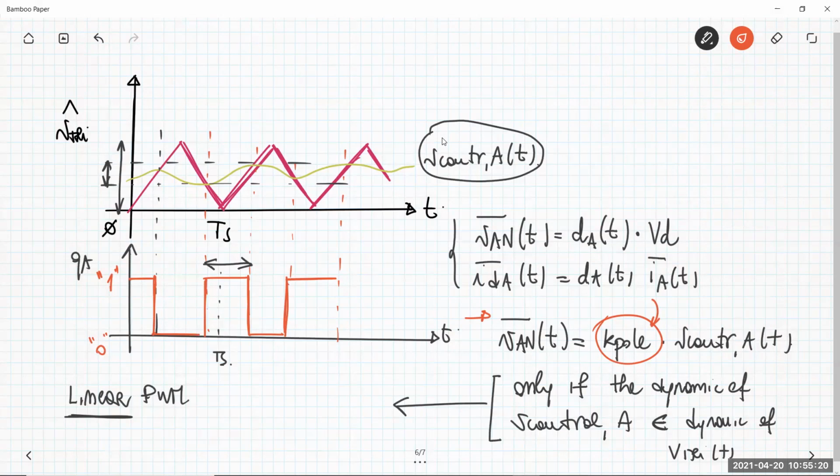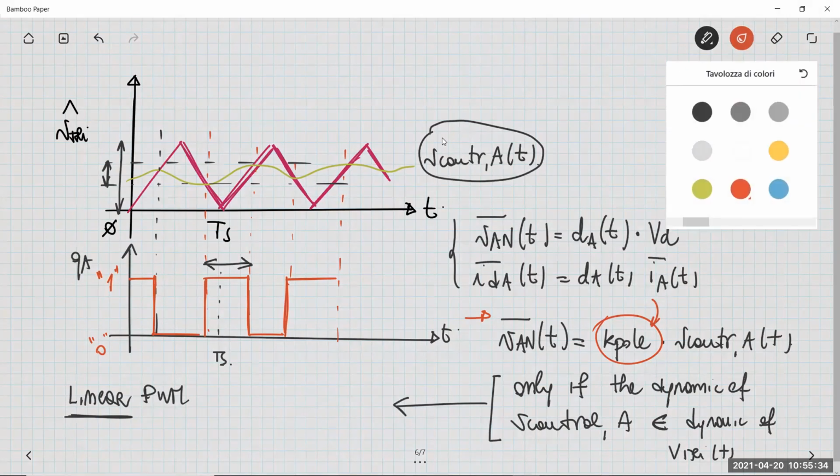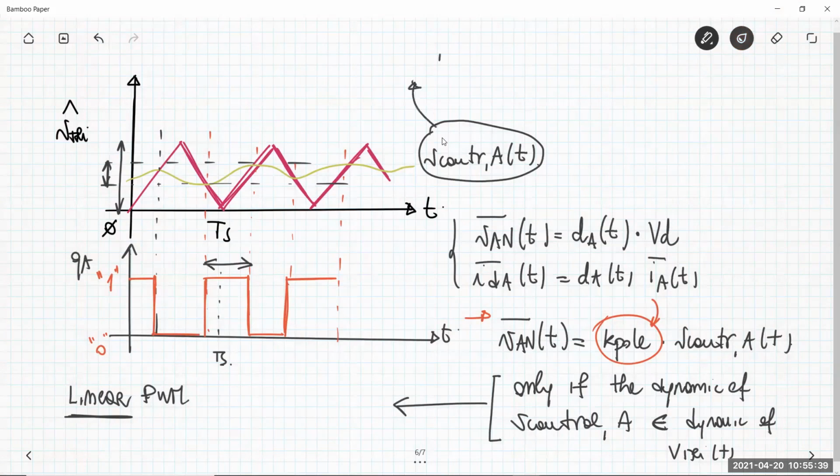These characteristics of a communication channel lead to the fact that sometimes the control voltage is called the modulating signal, and the triangular waveform is called the carrier.